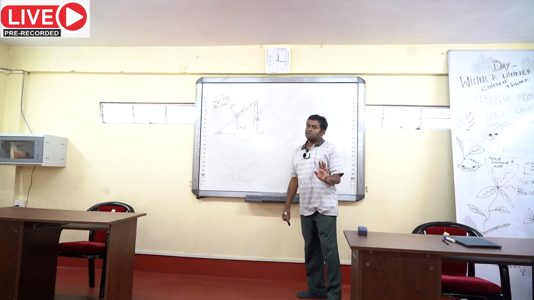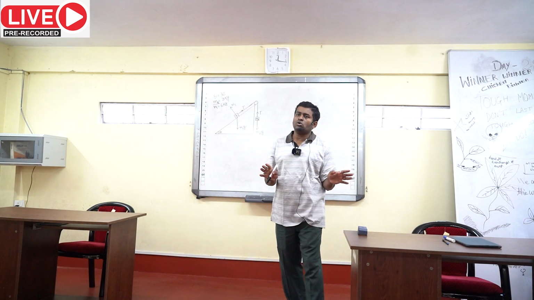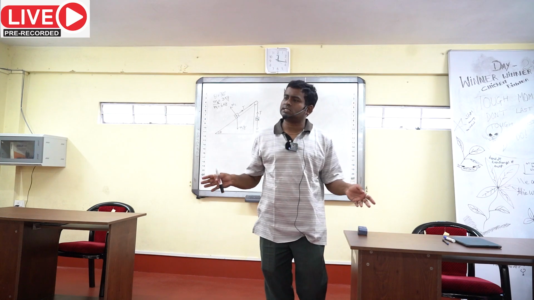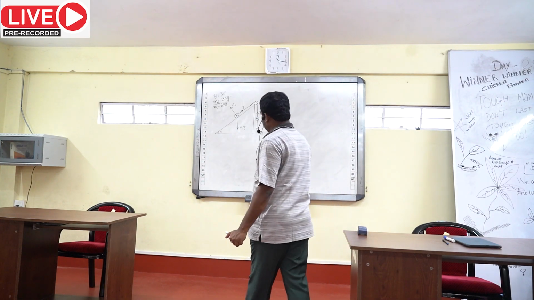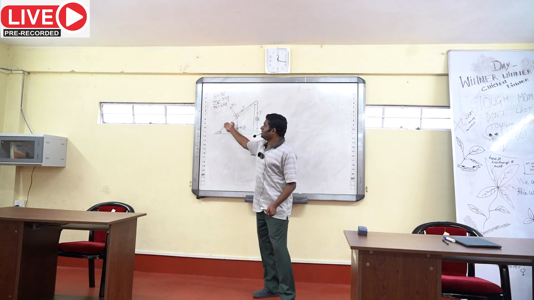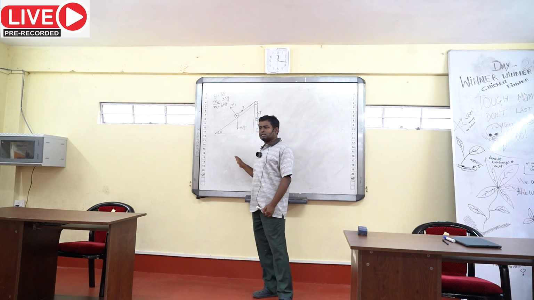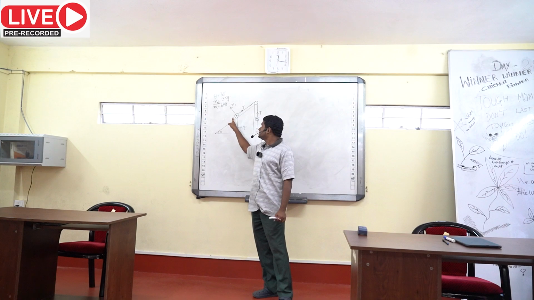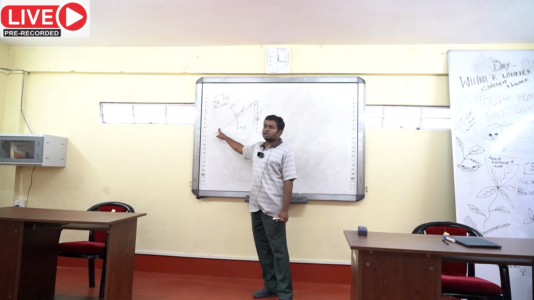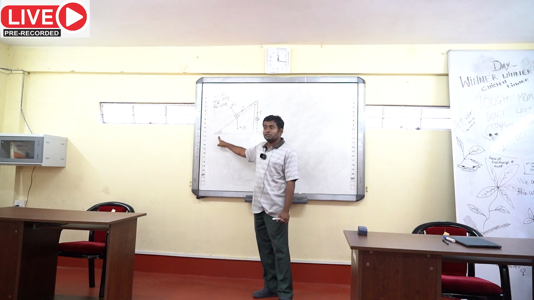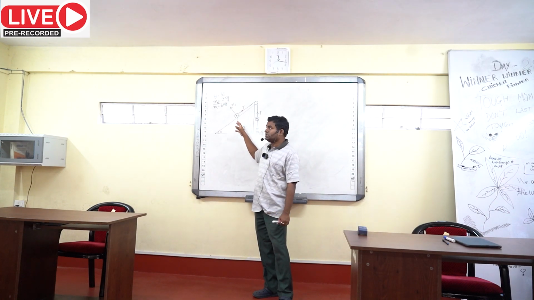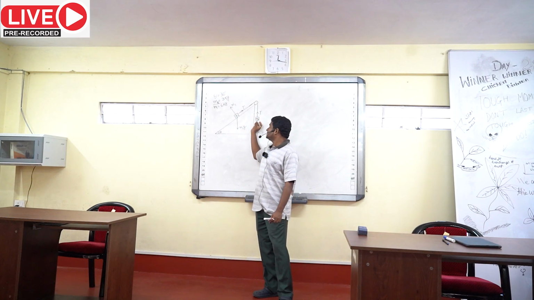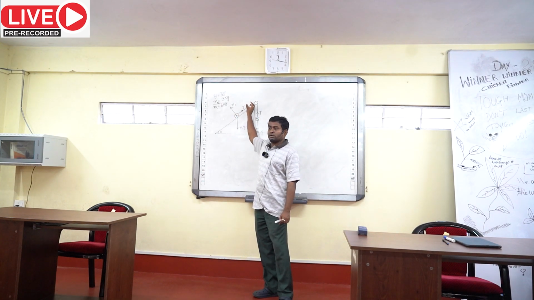Now, before solving, you don't know what is the acceleration value and what is the direction of acceleration. What will you do? It may accelerate on this side, it may accelerate on this side. You cannot say that this is the heavier mass, so it will accelerate on this side, because one is on the inclined plane and the other is vertically hanging. Due to the effect of the inclination, this mass may move down and this mass may move up.